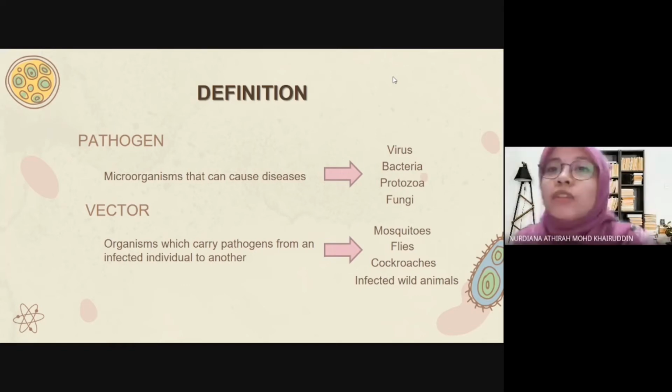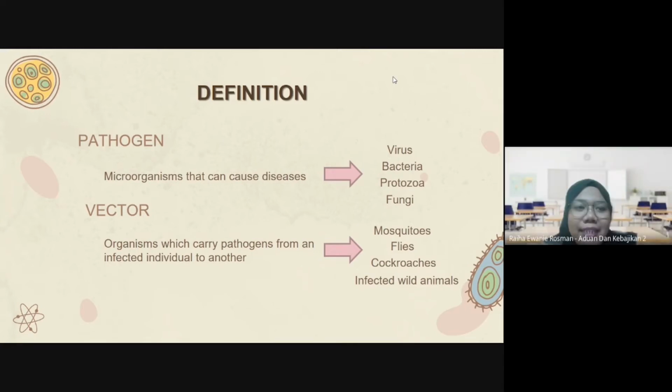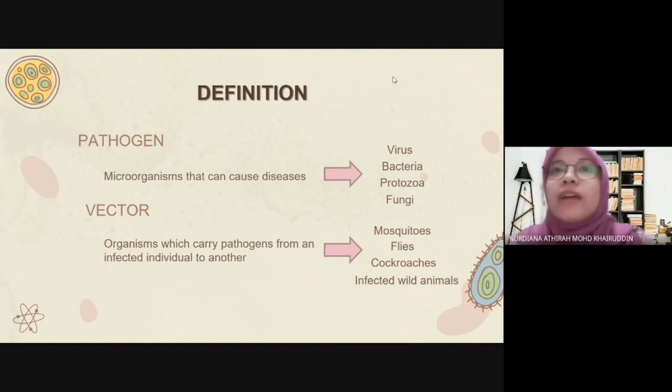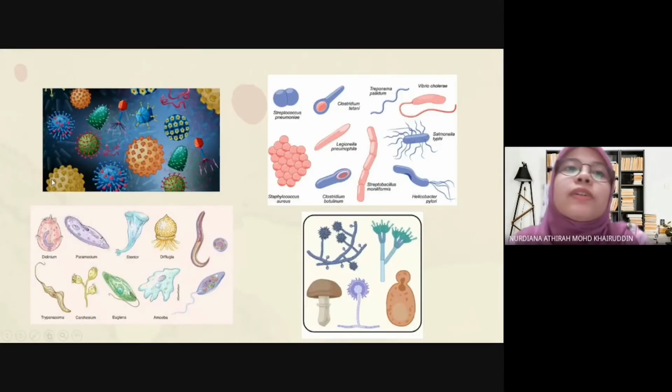Okay, very good. So before we proceed to the next slide, any question? No, teacher. Okay, very good. Awesome. Okay, this is the example of the virus. As you can see, virus is very unique structure.